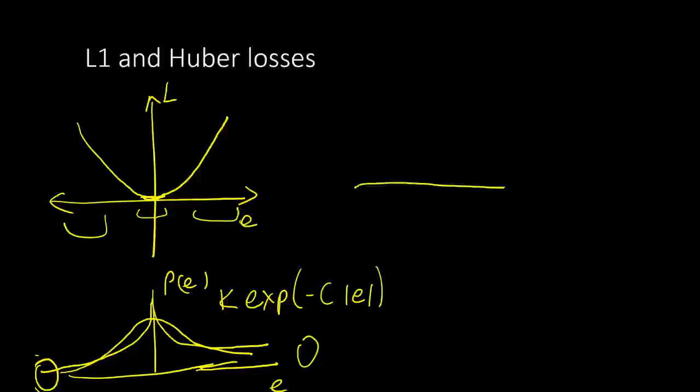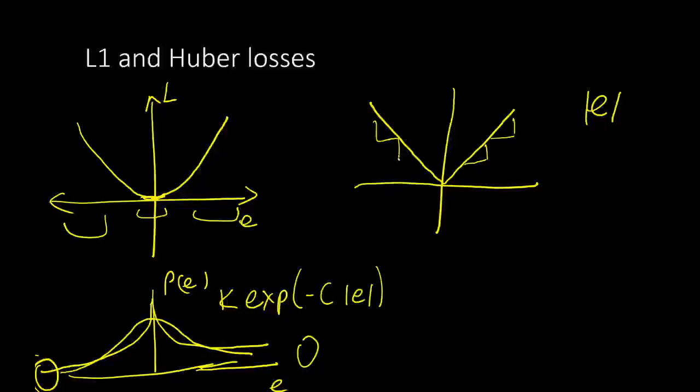So an alternative to the L2 loss is the L1 loss. Here your loss is basically proportional to mod of e. And here what we see is that no matter what the error is, the gradient is always going to be constant on the positive side and constant on the negative side. So it doesn't give undue importance to the outliers. It gives as much importance to an outlier as it gives to anything that is close to the origin.